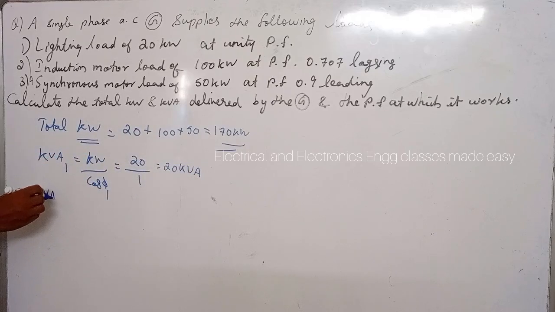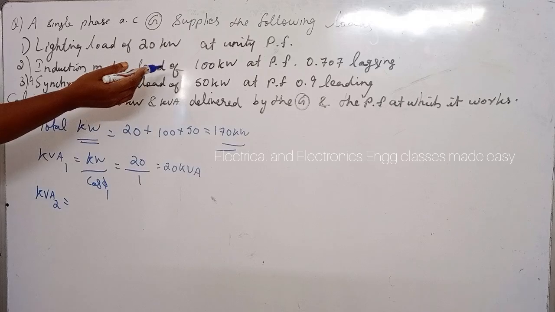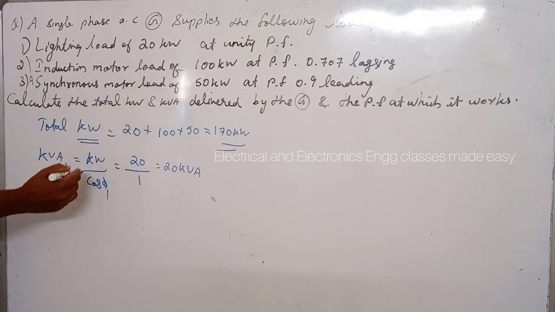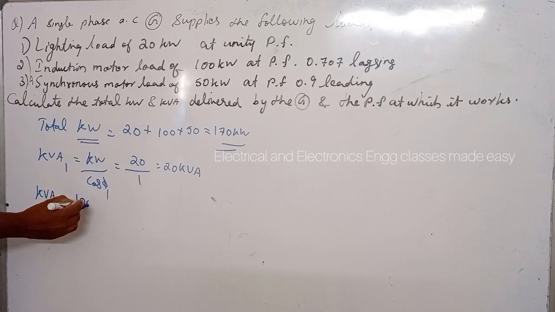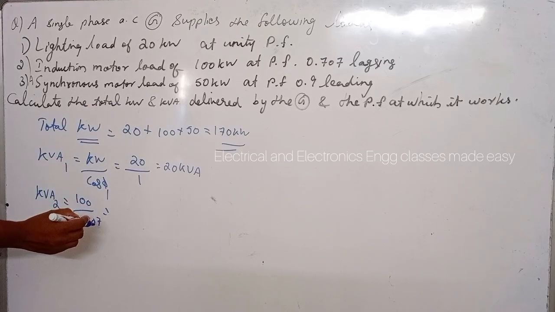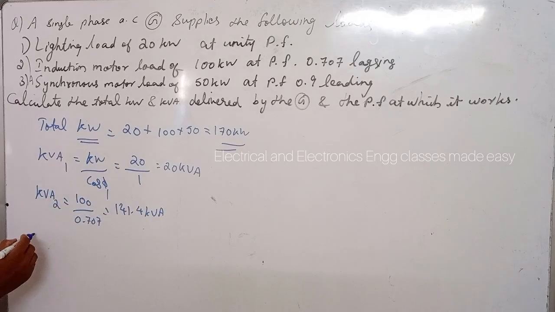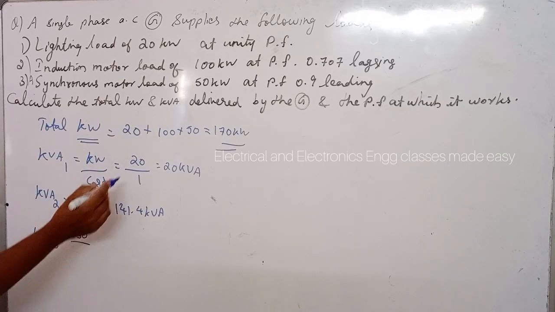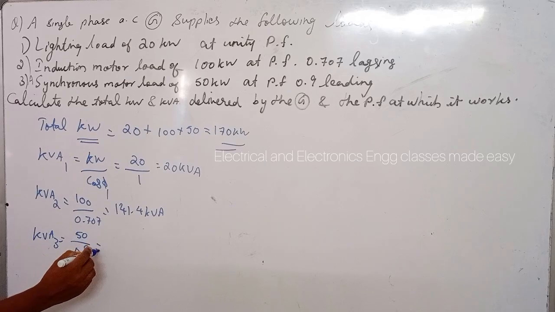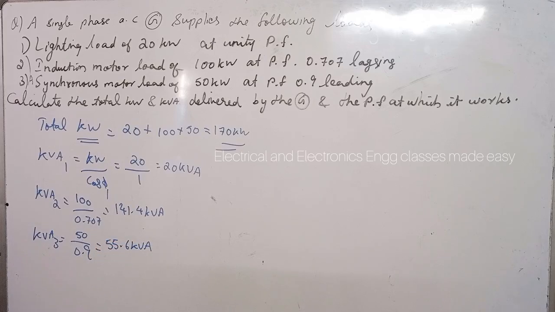Then kVA 2 is kW divided by second power factor, that is 100 divided by 0.707, and that is equal to 141.4 kVA. Next is kVA 3. 50 kilowatt divided by 0.9, and that is equal to 55.6 kVA. So here we got the values of kVA1, kVA2 and kVA3.